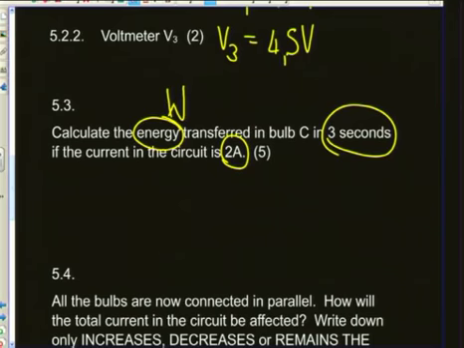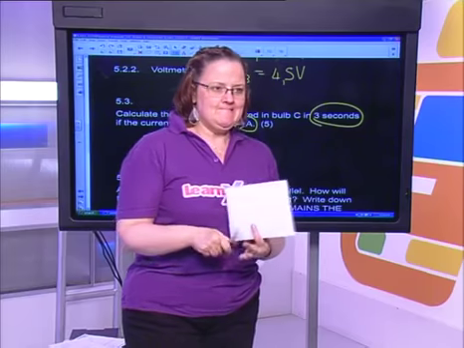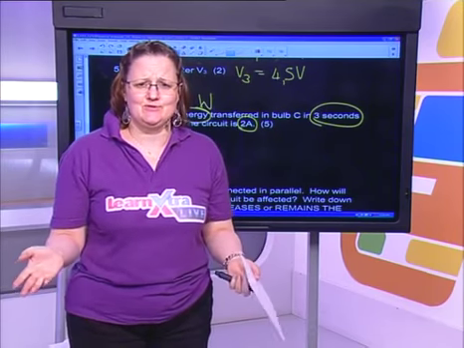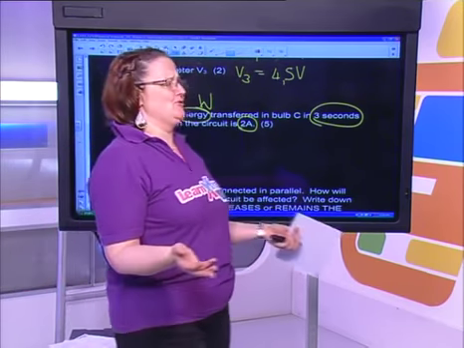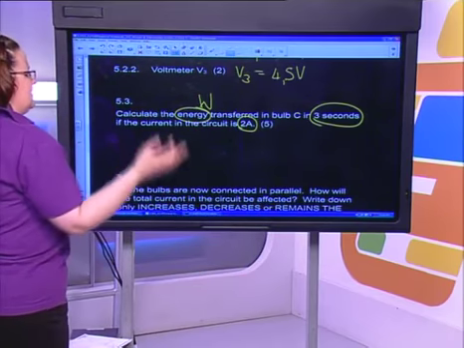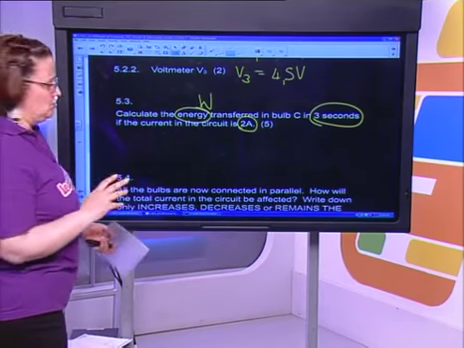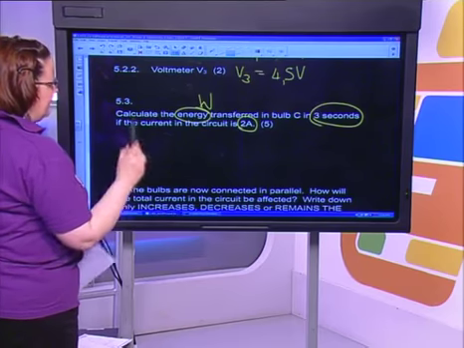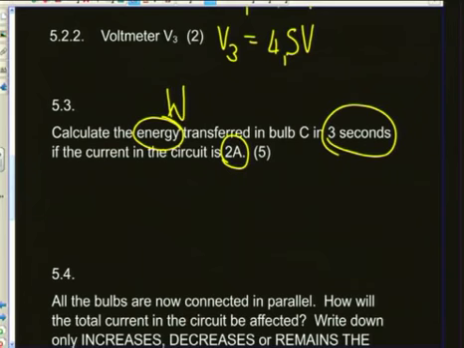Well, this is an interesting question because the current in the circuit isn't 2 amps. The current in the circuit is 1.5, but take it as it's given to you. You have to calculate energy transferred. Now, they want W.